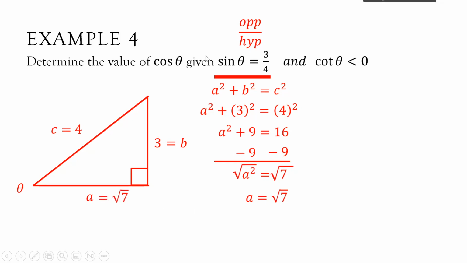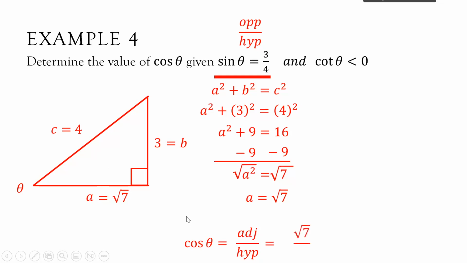Alright, so looking at this, I can now deal with cosine of theta. I know that cosine of theta, based off this right triangle, is adjacent over hypotenuse. So what's adjacent to theta? Adjacent to theta is the square root of 7, the hypotenuse being 4.